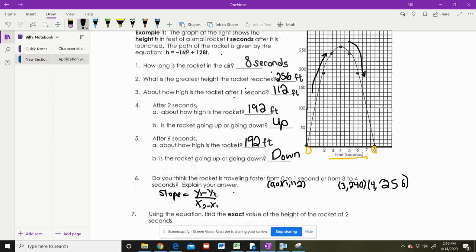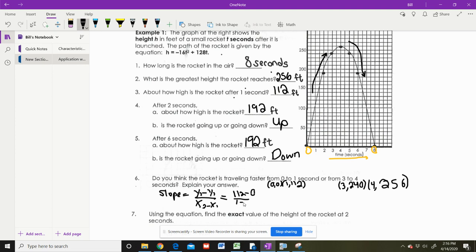So for our slope, what we would do is we would plug in for the 0 to 1. I'm going to call this 112 y2, and the 0 is y1. So 112 minus 0, all over 1 minus 0, right?